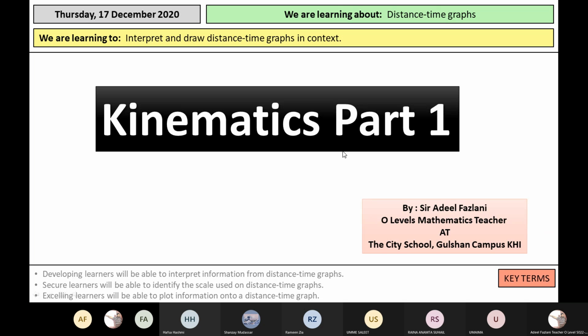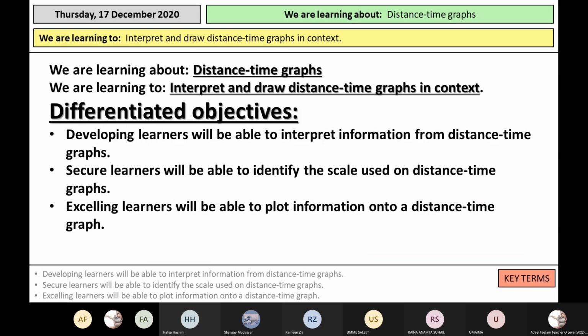Today, Thursday, 17th December 2020, we are learning about the distance time graph. We are learning to interpret and draw a distance time graph in context. These are the objectives and the differentiated objectives. Developing learners will be able to interpret information from a distance time graph.